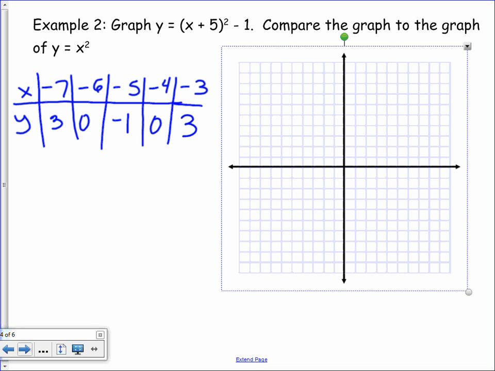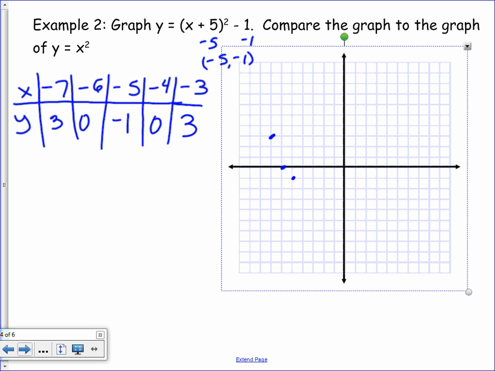So that's how we know that, because this h value is -5 and the k value is -1. So we know that that was the vertex. And that's how we can pick out these points as well. So (-7, 3), (-6, 0).